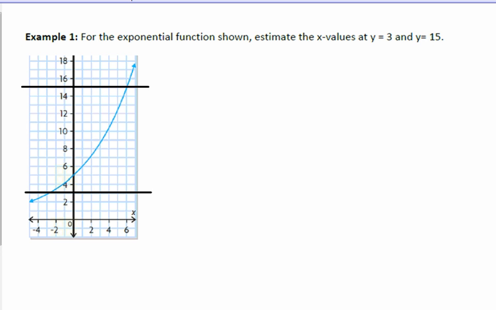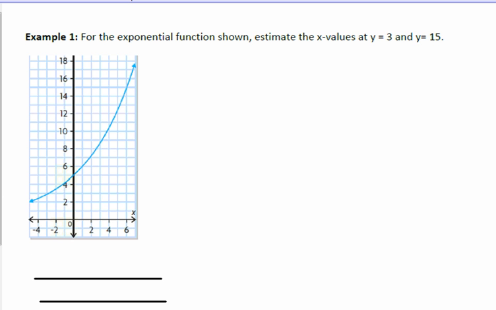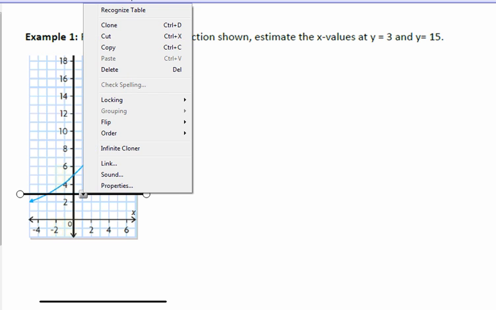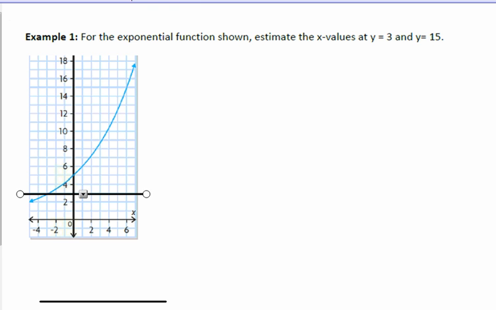Okay, so this one says, for the exponential function shown, estimate the x values when y is 3 and y is 15. Okay, so can you do that? Start with y is 3. So y is 3 is here. Approximately -3. Do we agree with that? Okay. So that would be here-ish.